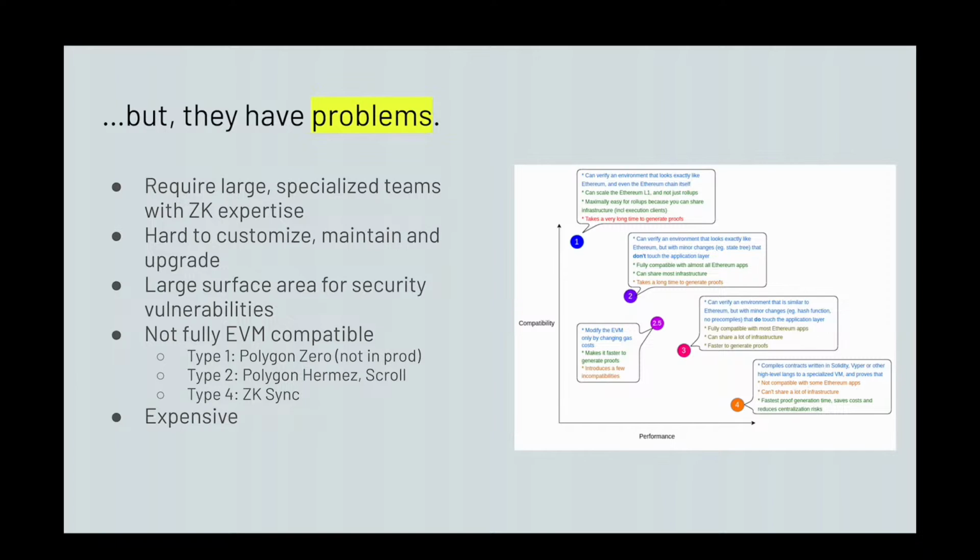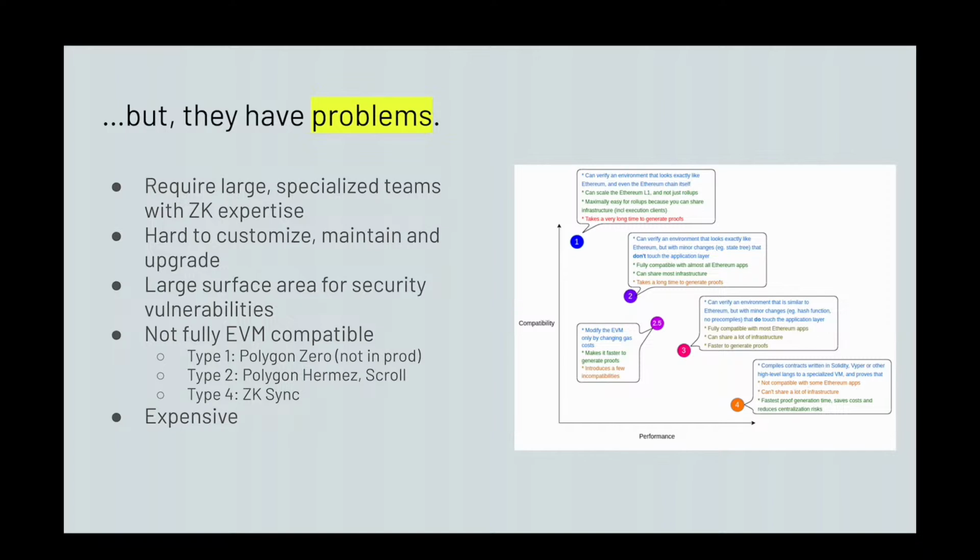They're very hard to customize and maintain and upgrade, because if you're hand rolling your own stack and then Ethereum goes through a hard fork and you want to be compatible, you have to update all that cryptography. It's also a really large surface area for security vulnerabilities, because you're handwriting everything that's going to Reth and Revm. You're basically re-implementing that in ZK, which is basically 10 or 100x as hard.